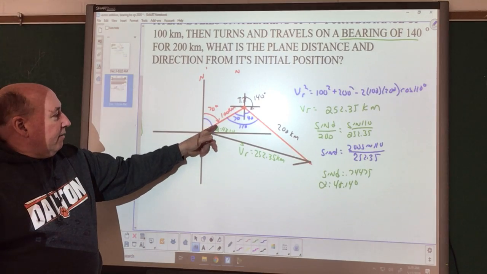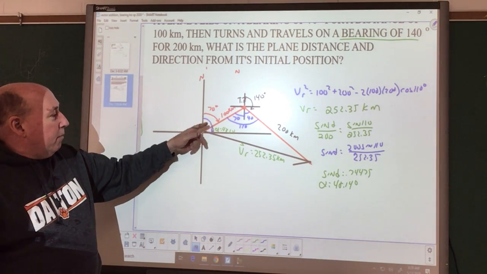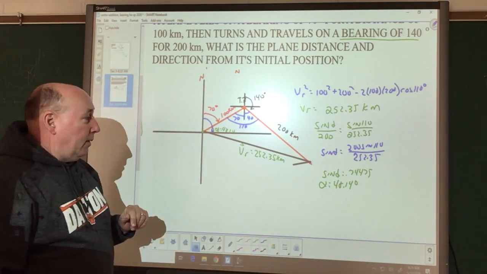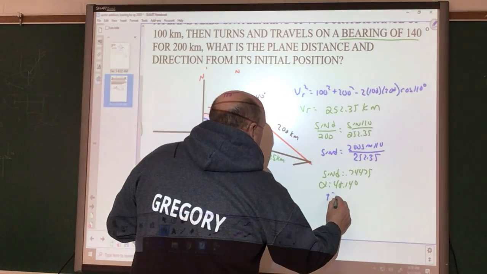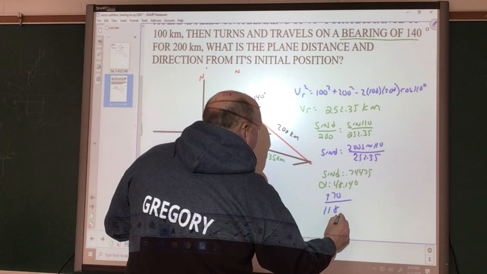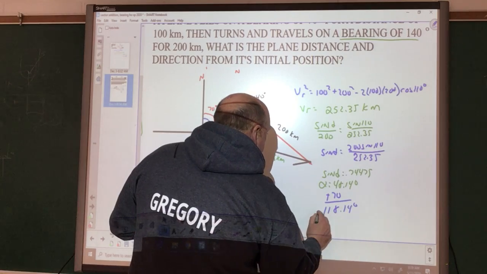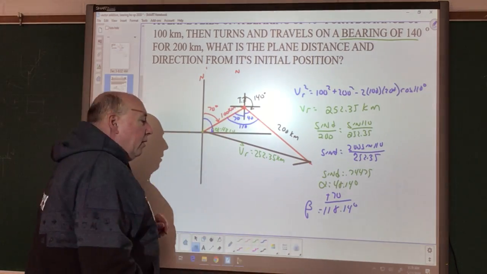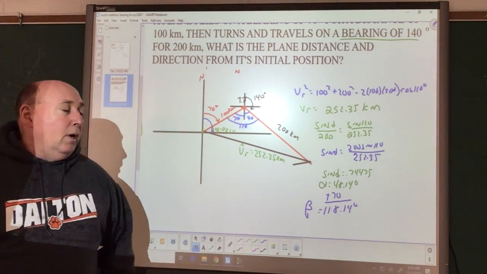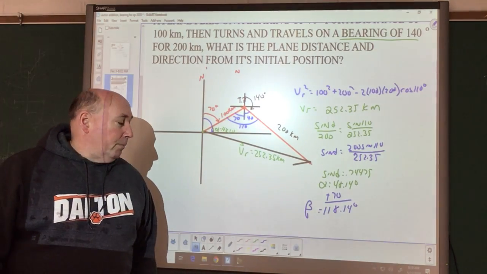Well, if this is 70 degrees and this angle here is 48.14, what do we have to do to those? That's correct, we have to add them. So we have 118.14 degrees is our bearing. And the symbol we use for bearing is a Greek letter B.